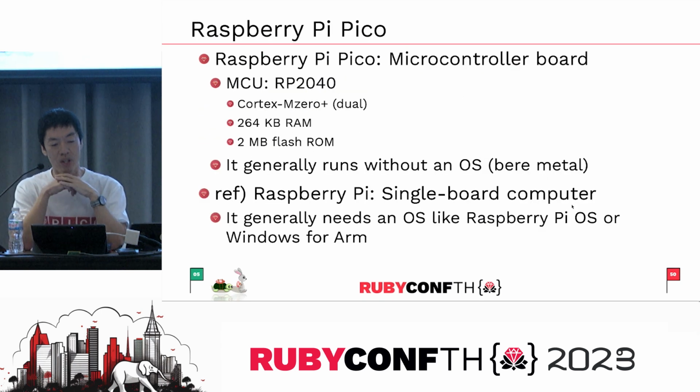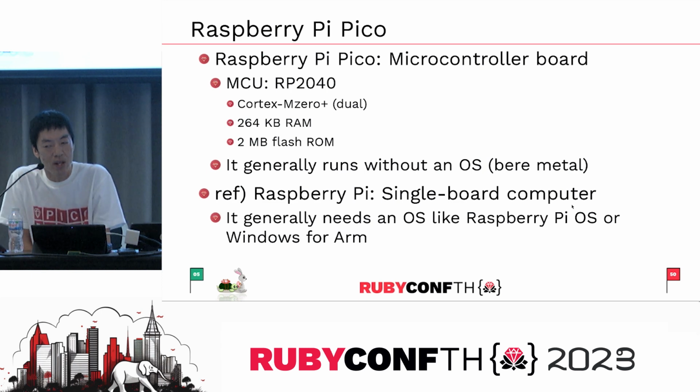About Raspberry Pi Pico. Pi Pico is a microcontroller board. The MCU is RP2040, whose core is dual Cortex M0 Plus, with 264 KB RAM and 2 megabytes flash ROM.